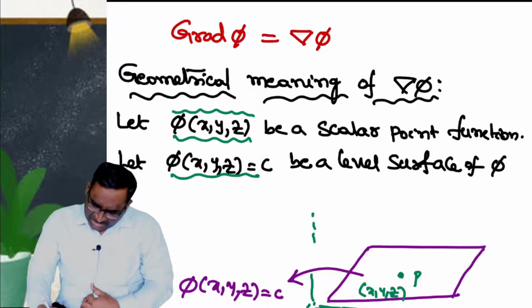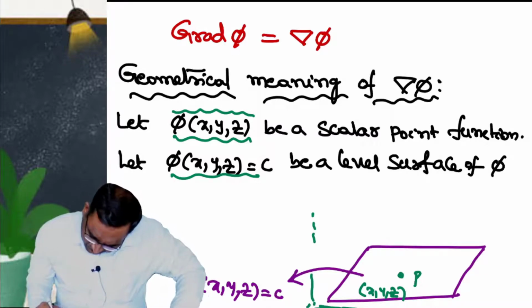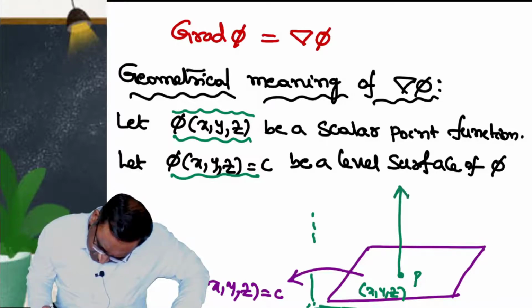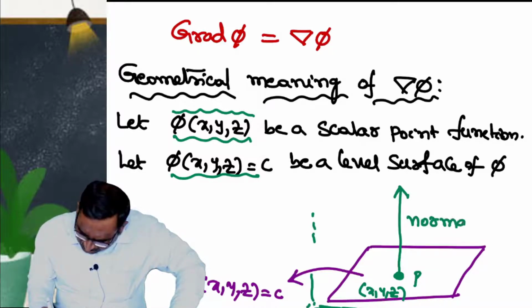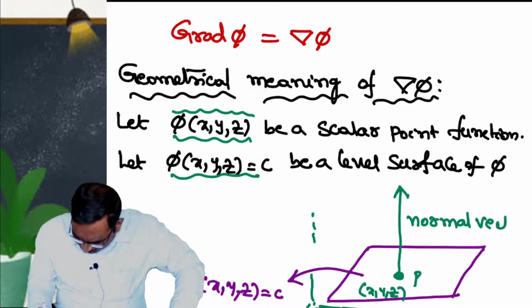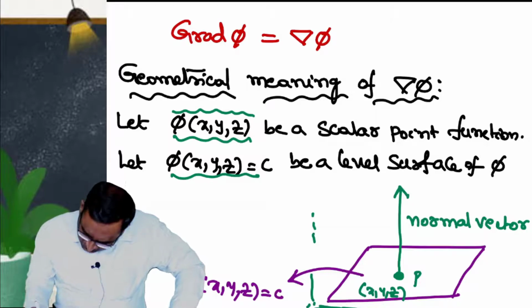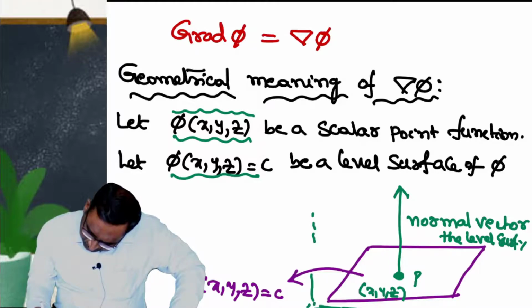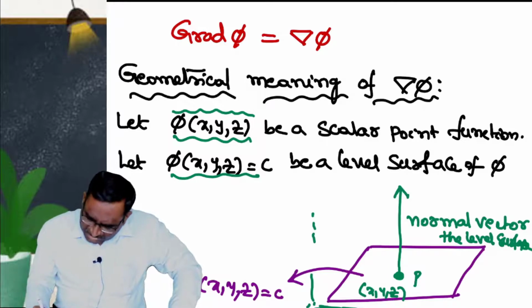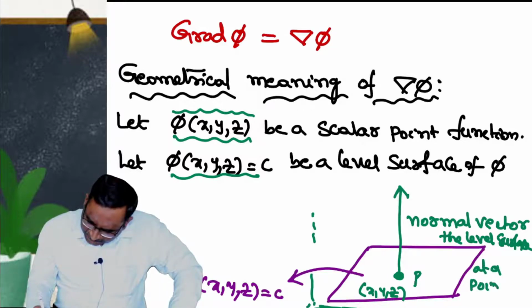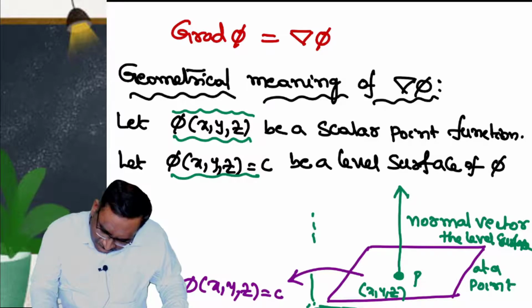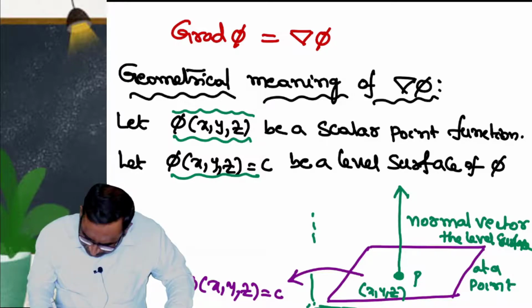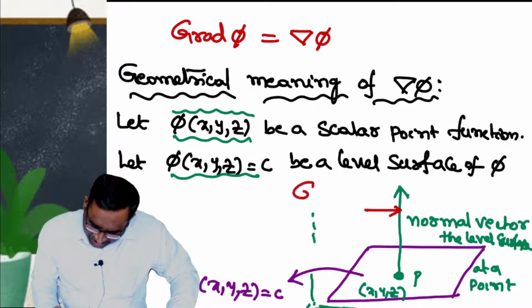Then, at this point on the level surface, this is the normal vector to the level surface at the point P. This normal vector is called the gradient vector.